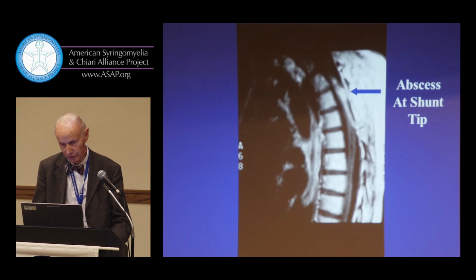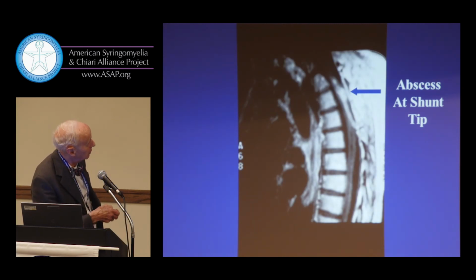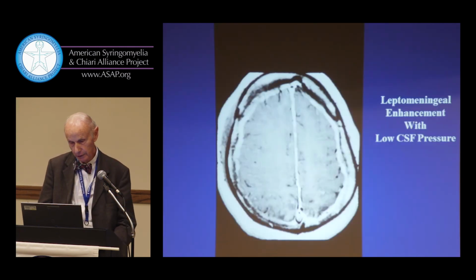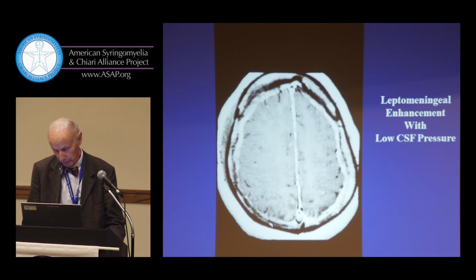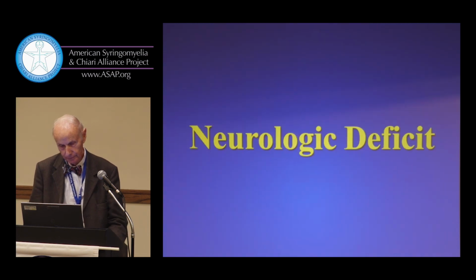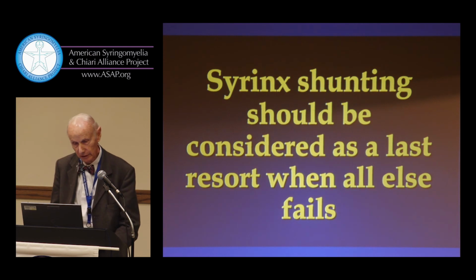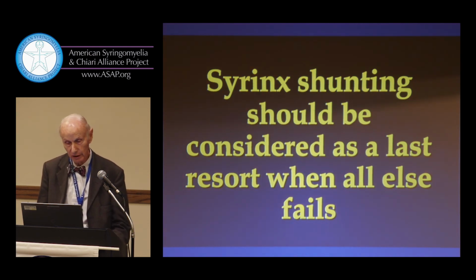It can become infected, as in this patient, there's a small abscess right here at the tip of the shunt. And you can develop a low spinal fluid pressure state and neurologic deficit. So that said, syrinx shunting should be considered as a last resort when all else fails.